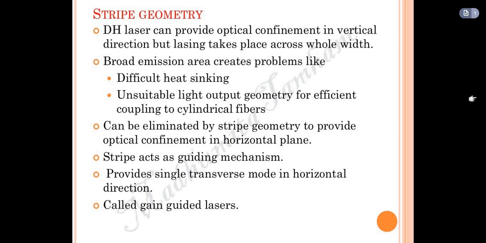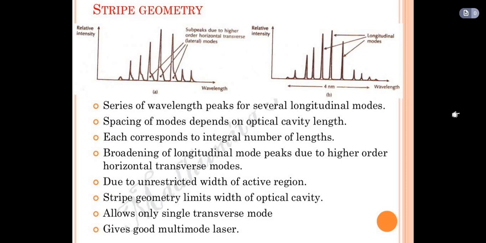With a broad emission area, first is difficulty in heat sinking, second is unsuitable light output geometry for efficient coupling to cylindrical fibers. And lasers that provide a single transverse mode in the horizontal direction are called gain guided lasers. Clear? That is a factor we need to remember when going for strip geometry in that laser.